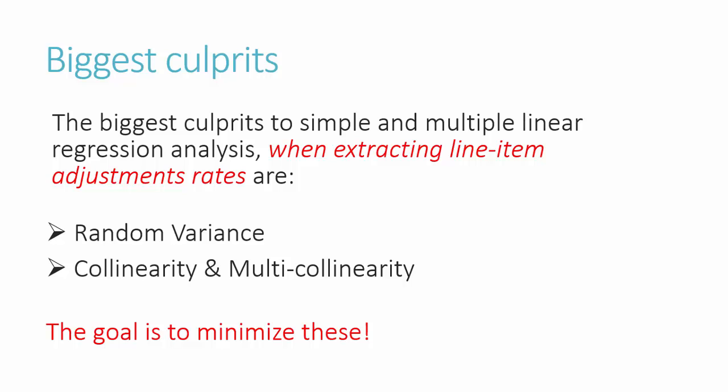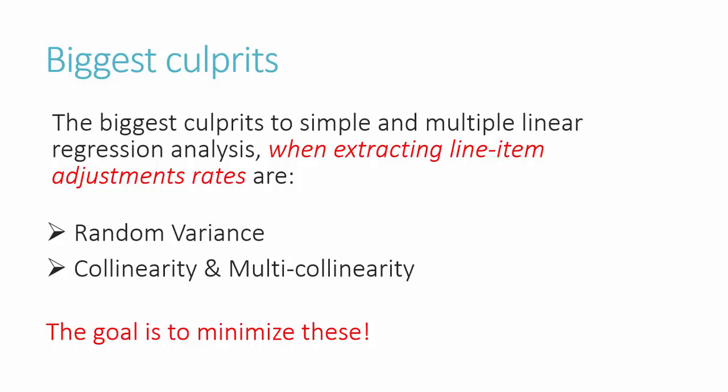Well, random variance. Random variance is what happens in the market that we can't control. It's also the data we use that's not accurate. It's when our model does not really represent the market, doesn't think the same way the market's behaving. And we measure that by taking our sales price minus our predicted value, and we get a residual.